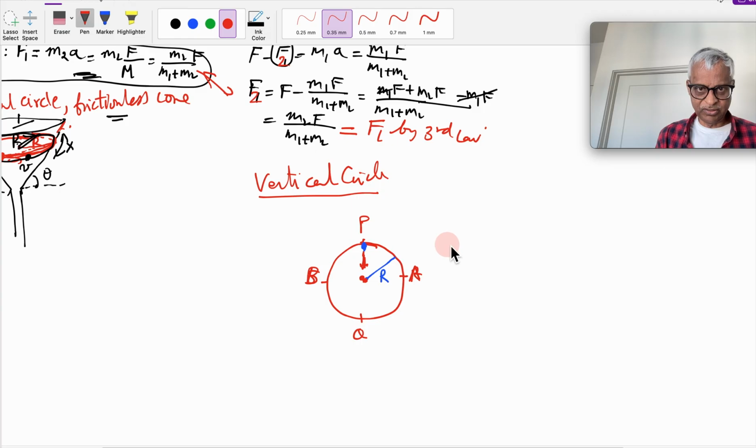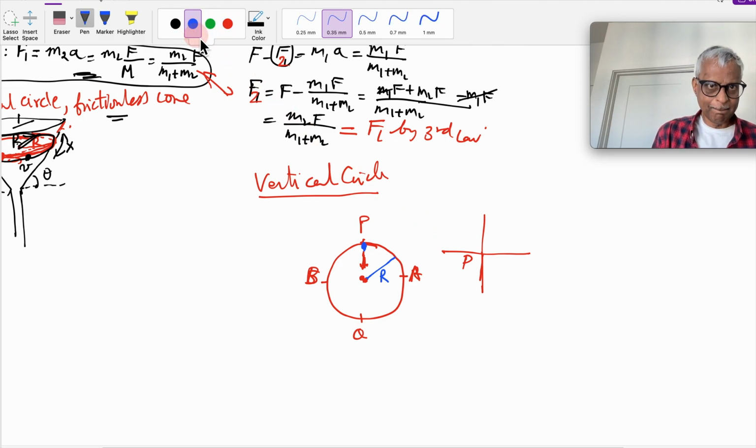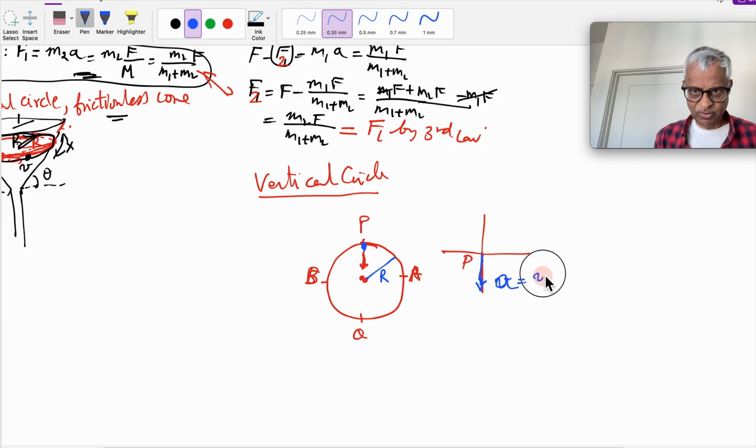So at P, we should write down that acceleration is pointed down, and its value is v squared over r. Let's call it v at P here, because they may have different values at different places.